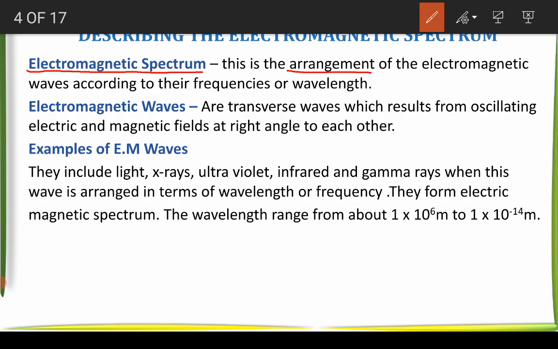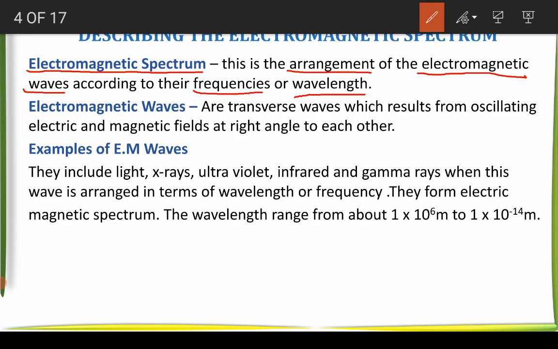A spectrum means a number of things put together, arranged according to some order. So it is the arrangement of electromagnetic waves according to their frequencies or according to their wavelengths.